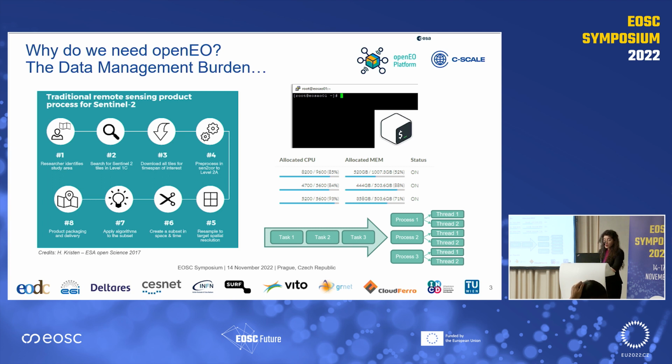Then I will have to see what Sentinel products or tiles are available for this area of interest, let's say that for this case, I need to use level 1C. In step 3, I will have to download the time span of the data that I'm interested in, so all the files included in the time span of interest. In step 4, I will have to pre-process Sentinel level 1C to level 2, so to a higher level.